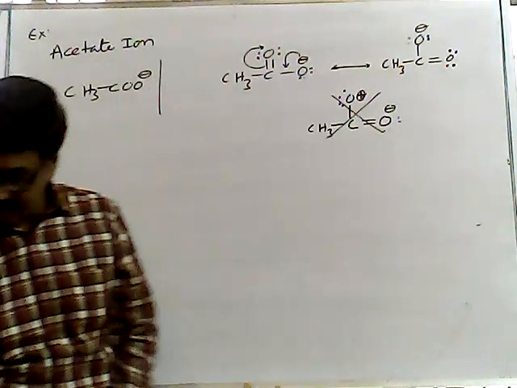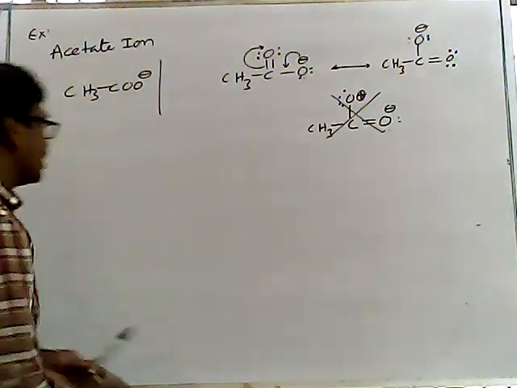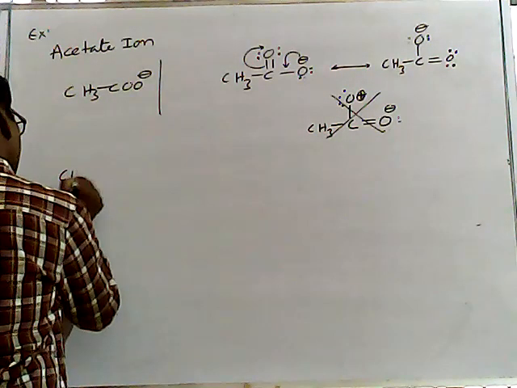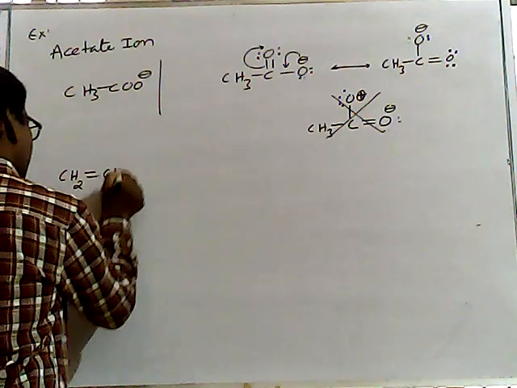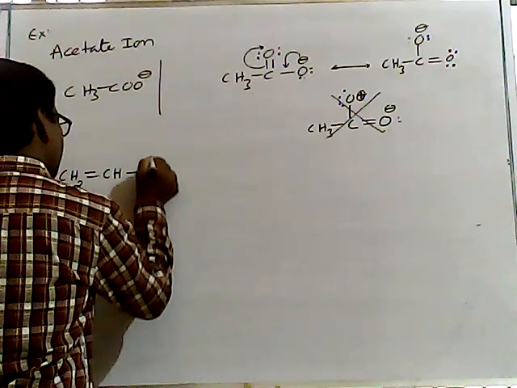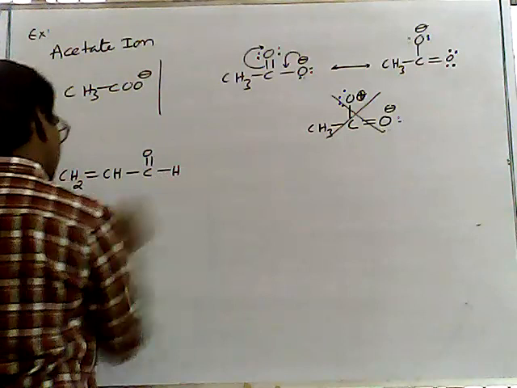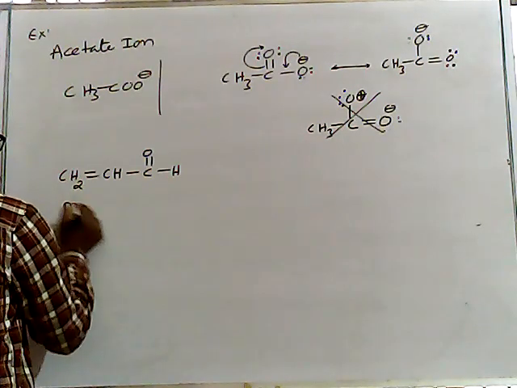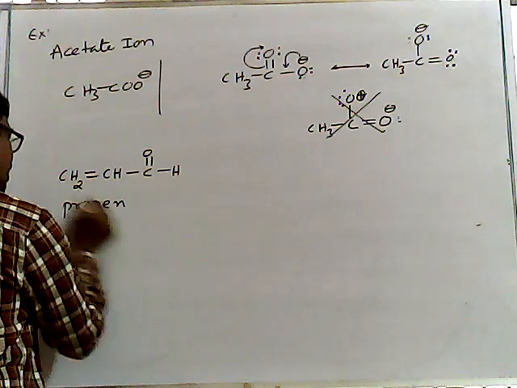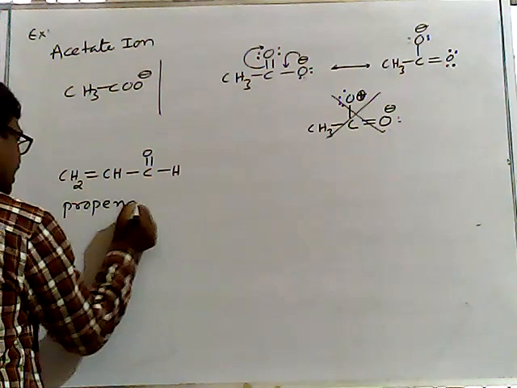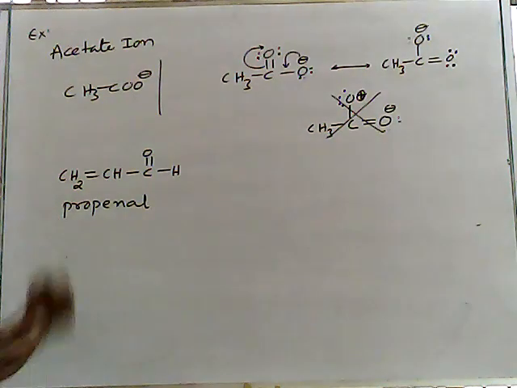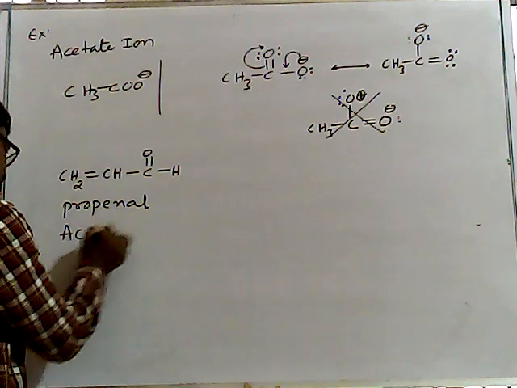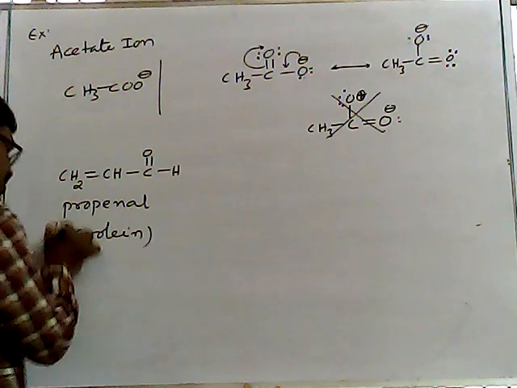This is one example. Then the other example I am taking is acrolein, CH2 double bond CH CHO, that is C double bond O H. This is acrolein, otherwise propenal: 1, 2, 3 propene, an aldehyde.